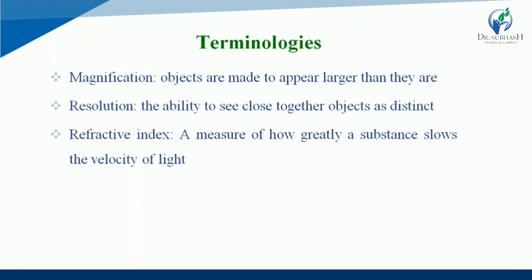That is also called the ability of microscope to produce an enlarged image of object. So what is magnification power or magnification? Ability of microscope to produce enlarged image of object than they actually present.